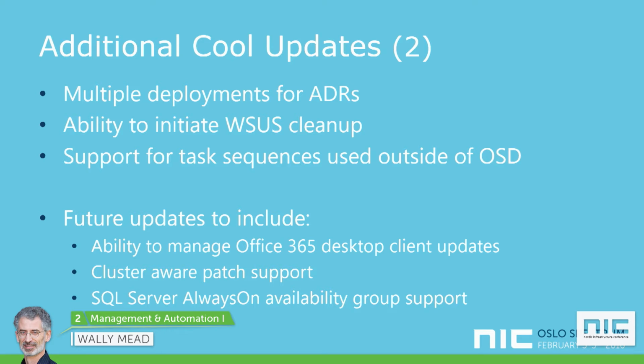But what's going to happen now with this integration is that you use the same software update workflow that you're used to today. You'll have a software update point. It will synchronize with WSUS. These Office 365 updates will be there. You'll get these Office 365 updates down. But what will happen now is when you deploy those updates to your clients, Config Manager is going to download those from the Office CDN location and give them to the Office client for deployment.